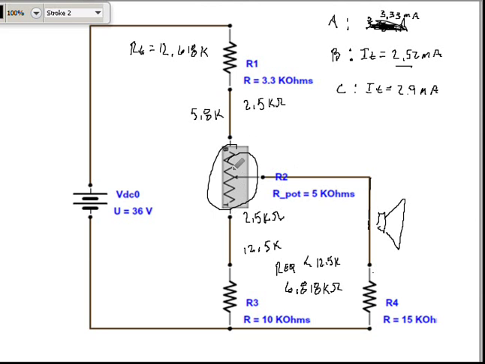By varying the volume or the output, you're changing the characteristic of the whole circuit just to get your musical notes out of your stereo system.